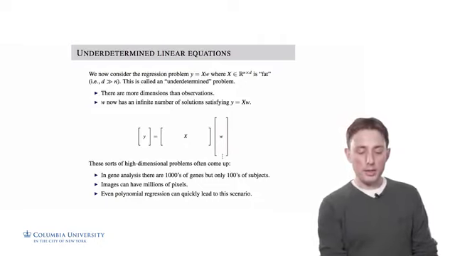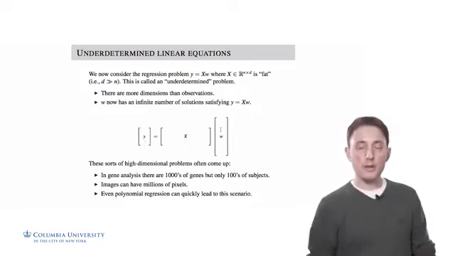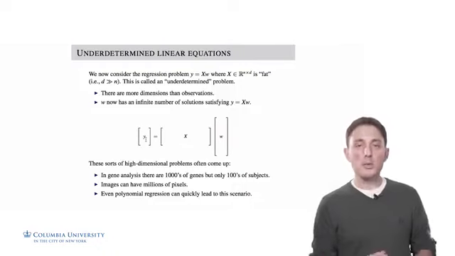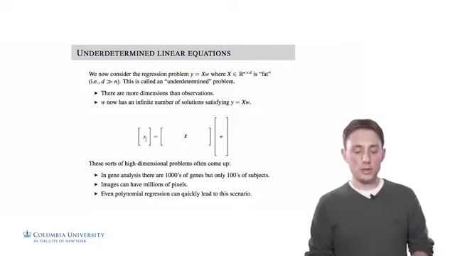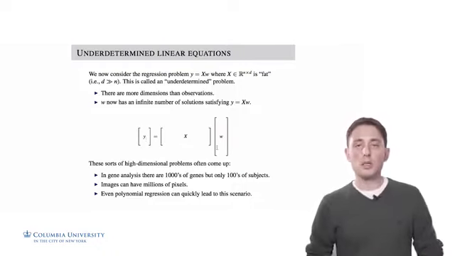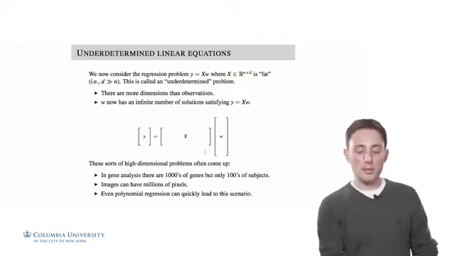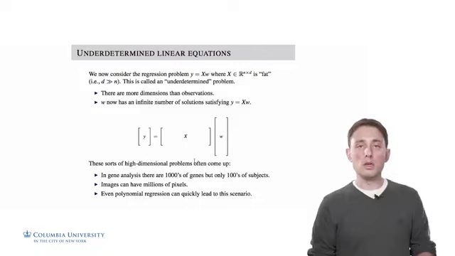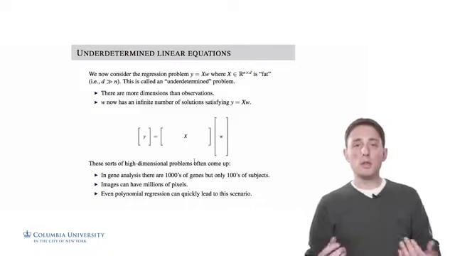Intuitively, you can think of it like this, where y is our response vector, and x is a short and wide matrix, and w is very long, much longer than y. And so we have an infinite number of potential solutions. There are an infinite number of vectors w that can solve this type of problem when the number of unknowns is greater than the number of equations.